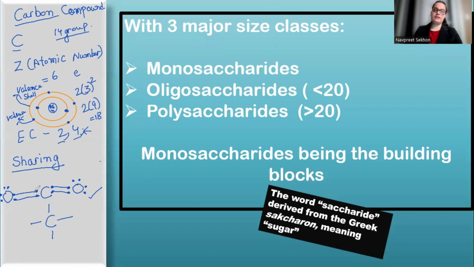It can be 2 double bonds, it can be 4 single bonds, or it can be 1 triple bond and 1 single bond. It can be anything like that, right? We will always have to satisfy its tetravalency. Whenever we are drawing any structure, we will have to check whether the tetravalency of the carbon is satisfied or not.